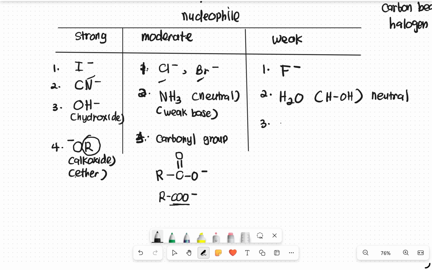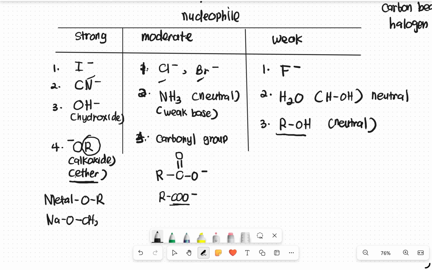And then alcohol, ROH. This one is also neutral. So what is the difference between alcohol and alkoxide? Alkoxide, as I mentioned earlier, must be a metal attached to the OR like this, for example NaOCH2CH3.